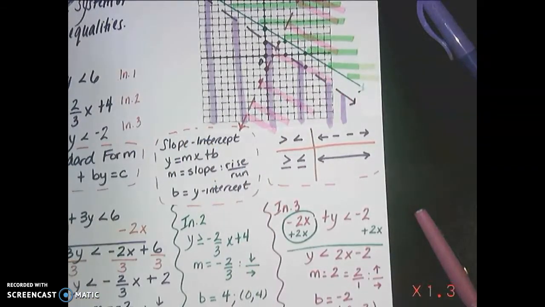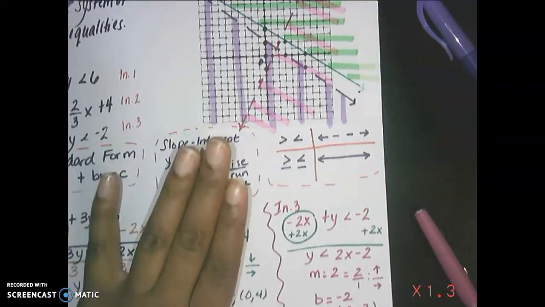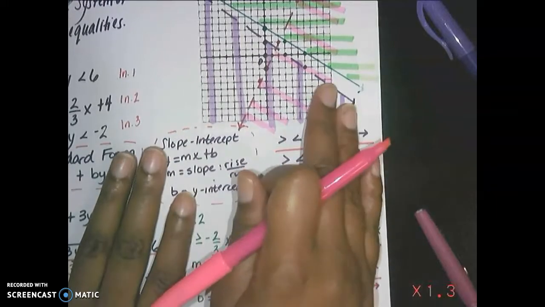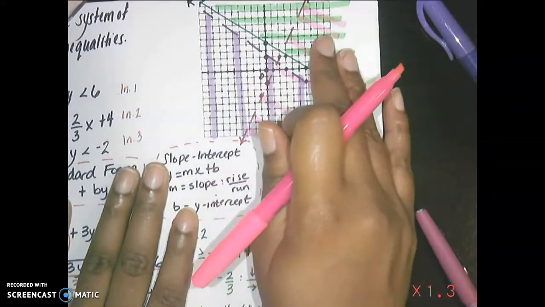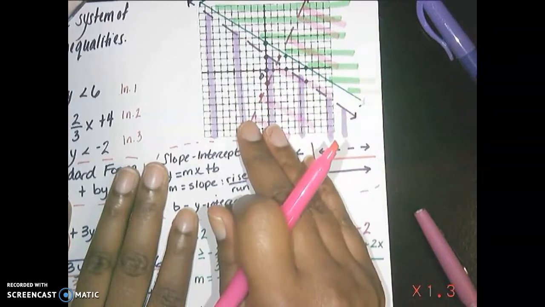Now, what happened in this case is that our system of linear inequalities does not have a solution. The reason is that there's no point on this graph that all 3 of these share in the same shaded region.